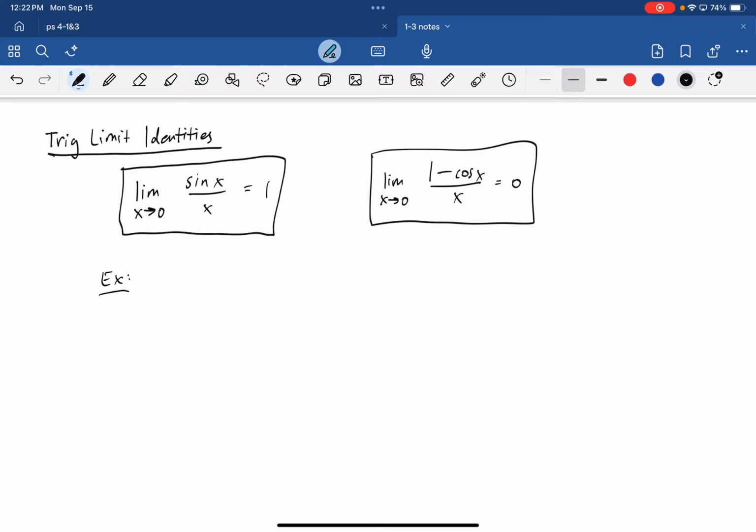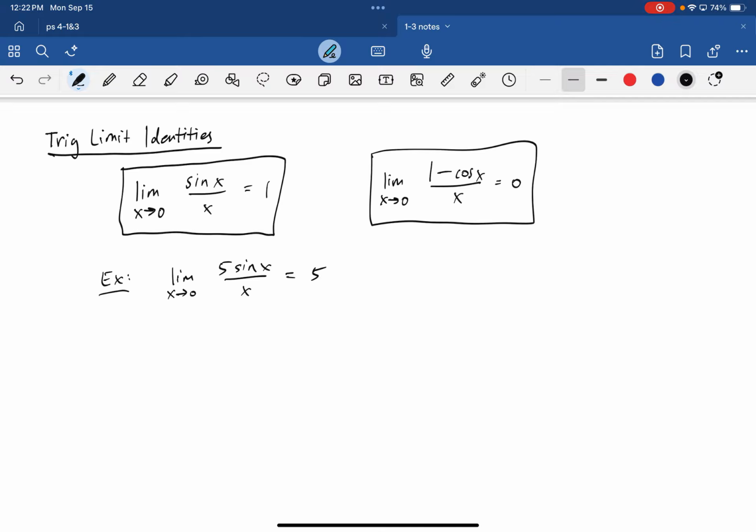Let's say we had the limit of, as x approaches 0, of maybe like 5 sine x over x. Can anybody guess what's the answer? No. 5. Very good. The reason is we can actually just take the 5 out of the limit.